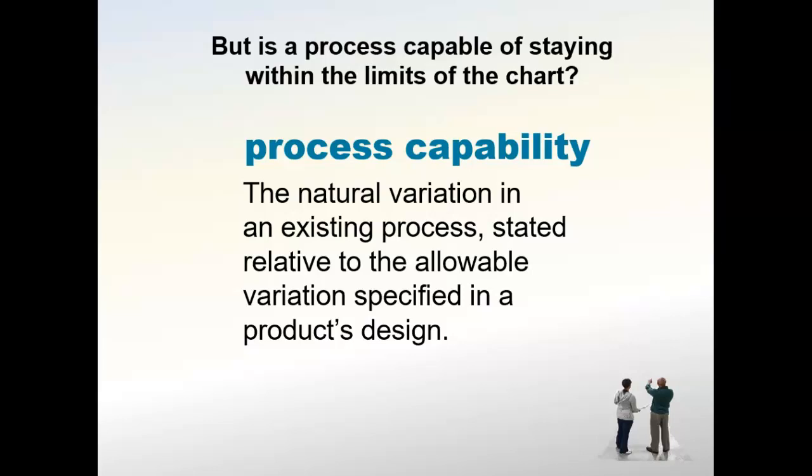So the issue of whether the process is appropriate given the requirements of the design is known as process capability. And that is the natural variation in an existing process stated relative to the allowable variation specified in a product's design.